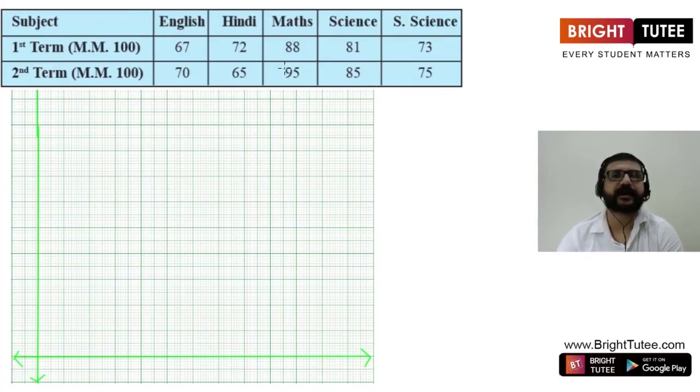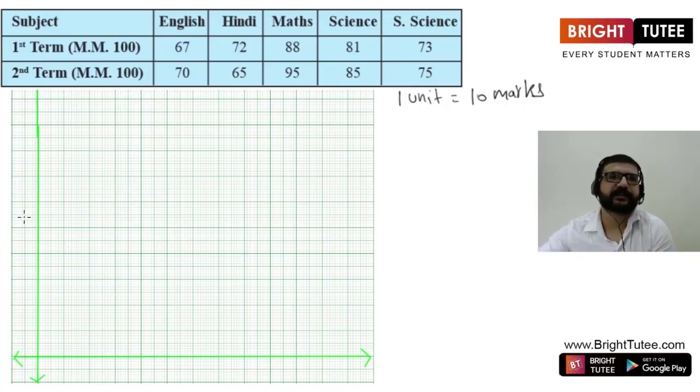Now according to the marks here, we can choose the scale as 1 unit is equal to 10 marks. Now the vertical line here will be representing marks of each and every subject. So let's write it here.